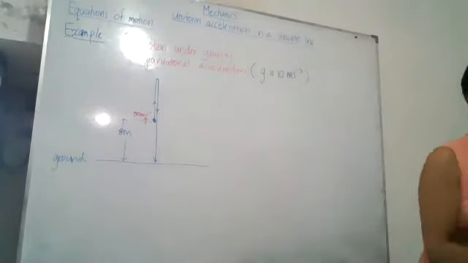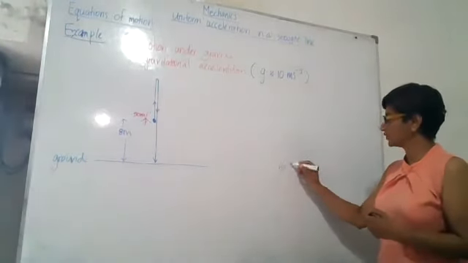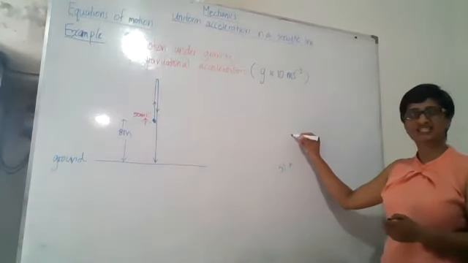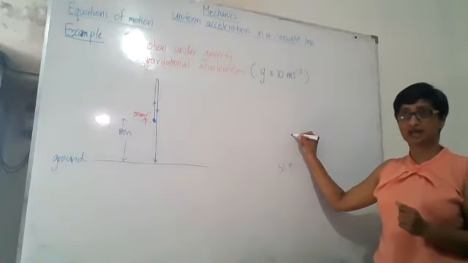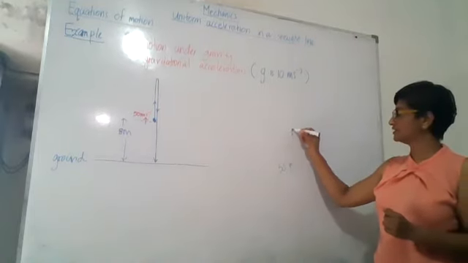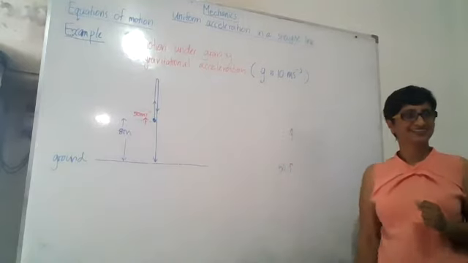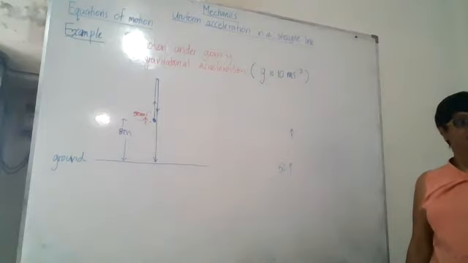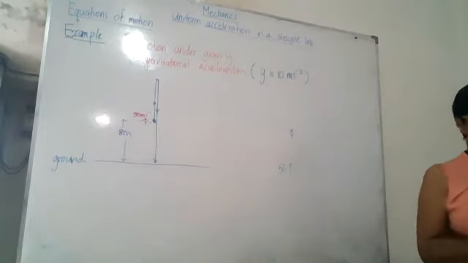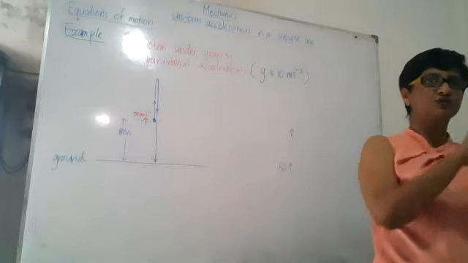Like, now, I will take 50. So you're throwing it up at 50, right? After 1 second exactly, if gravitational acceleration is 10, what would its speed be? 40. Okay, what happens to the speed as it goes up?